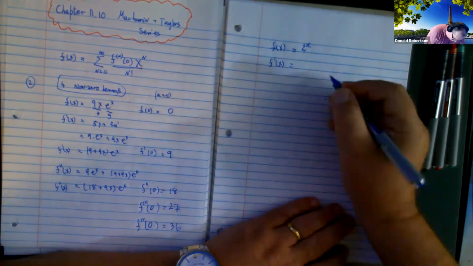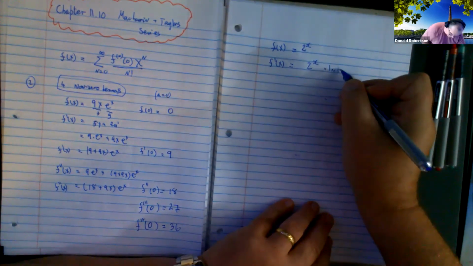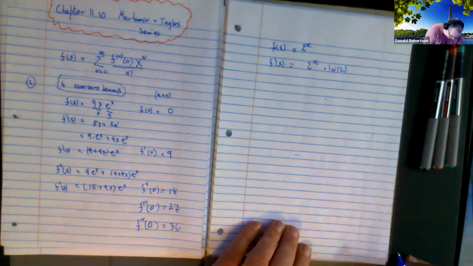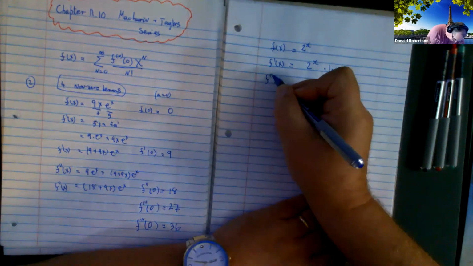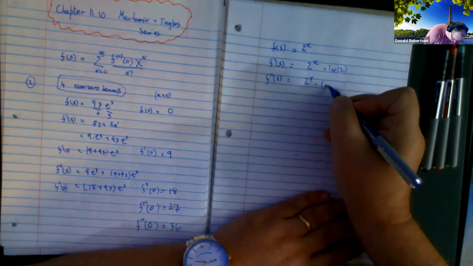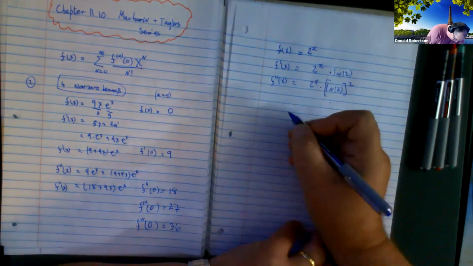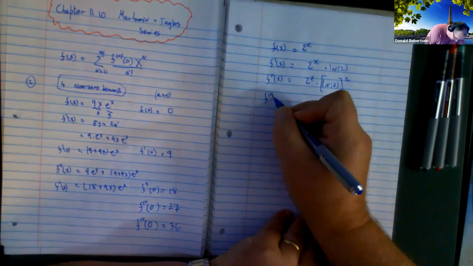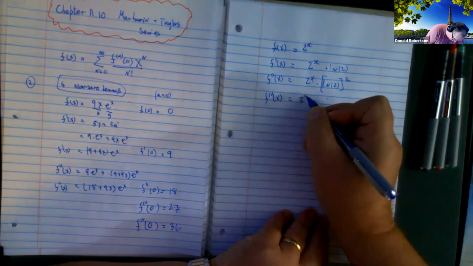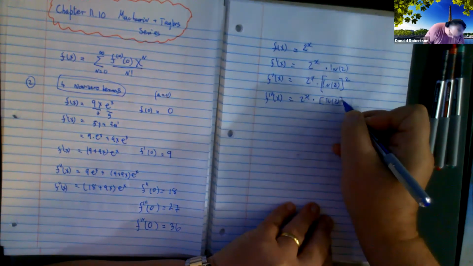If you differentiate 2 to the x, don't you get 2 to the x times the natural log of 2, which I'll just stick at the end. If you do the second derivative, don't you get 2 to the x times the natural log of 2 times another natural log of 2? And if you do it a third time, you will get 2 to the power of x times the natural log of 2 cubed.